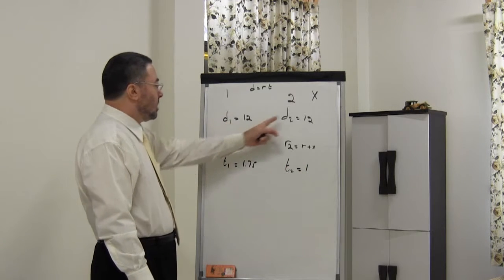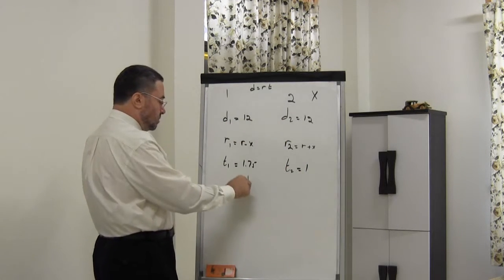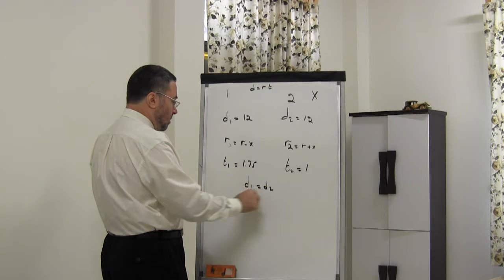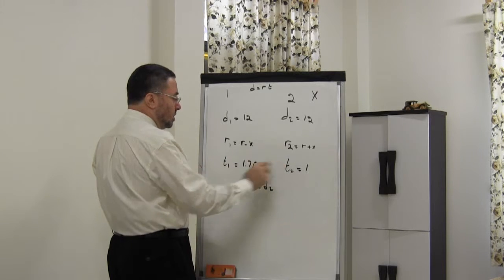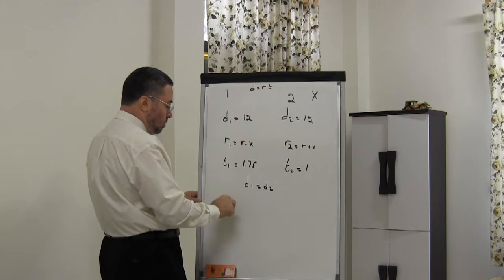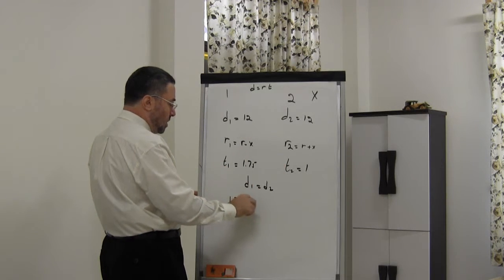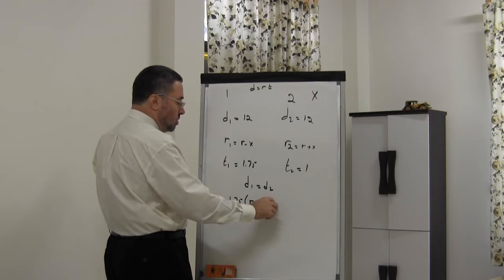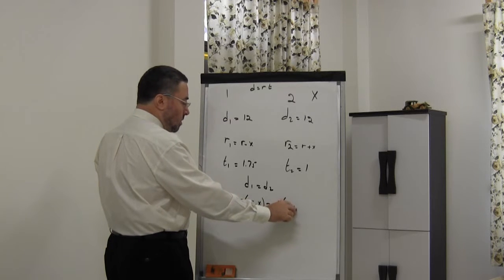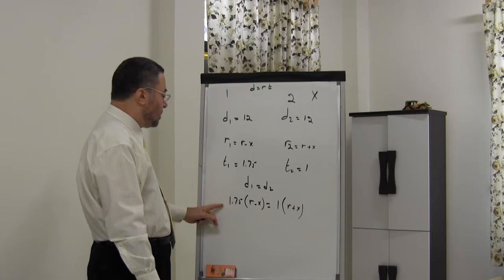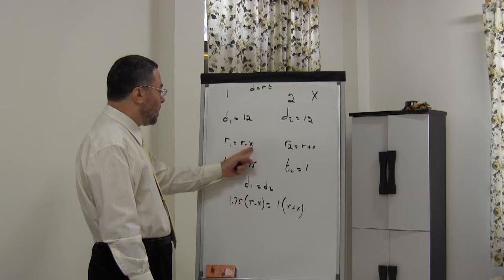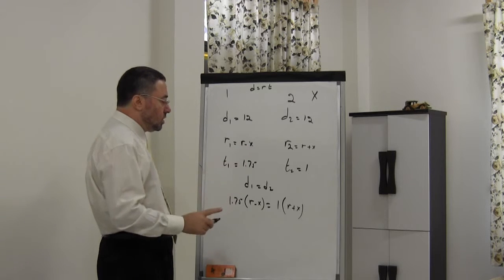Now, since D1 equals D2, then R1 T1 equals R2 T2, so we multiply these. 1.75 times R minus x equals 1 times this. So this is our first equation, because here we have two unknowns, we need two equations.